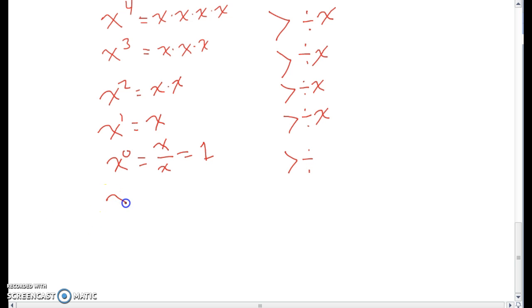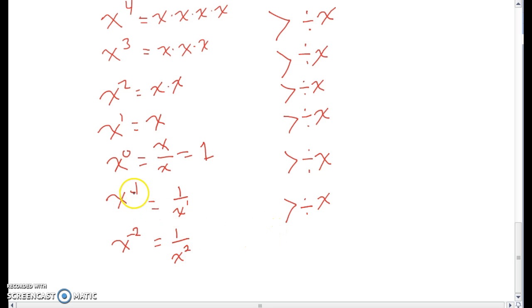Now we're going to go into the negative numbers, x to the negative 1. Well, 1 divided by x is 1 over x, or you can say 1 over x to the 1st, though usually if it's just to the 1st, you don't write it. If we continued that division, x to the negative 2 would be 1 over x squared.